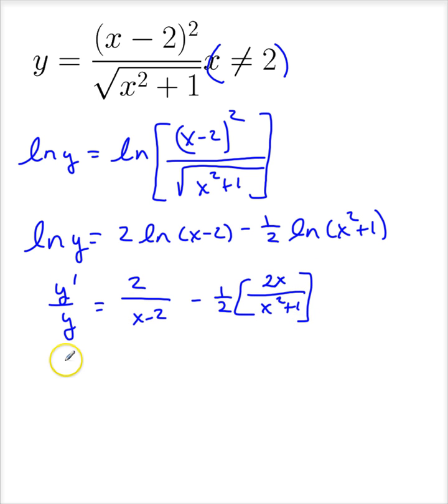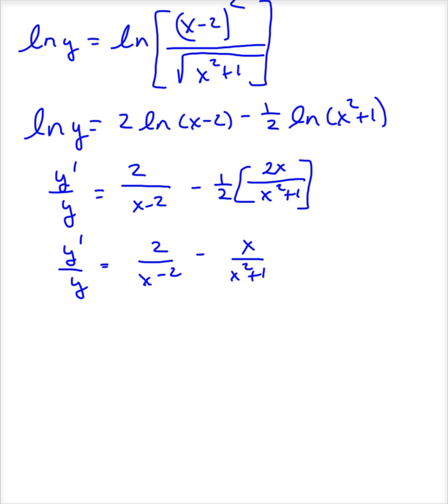So I can rewrite this side as 2 over x minus 2 minus x over x squared plus 1. Now the beauty of logarithmic differentiation is, in general, I don't make you do a whole lot of combining terms.